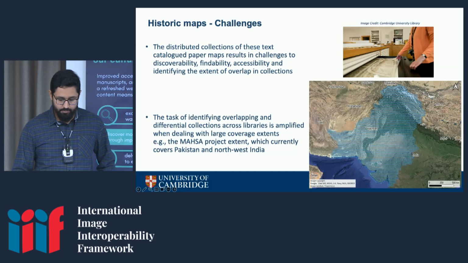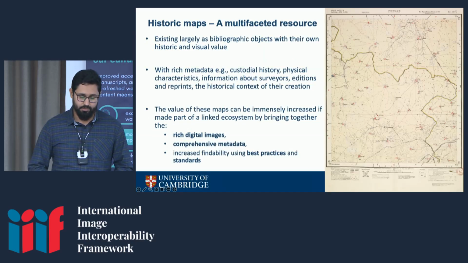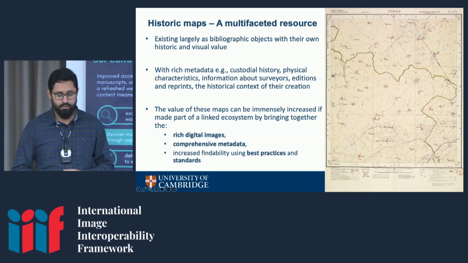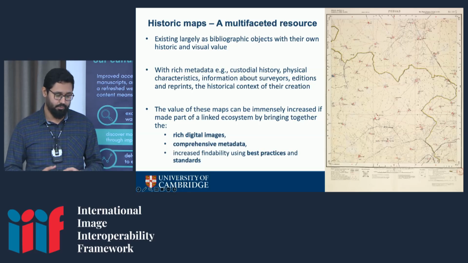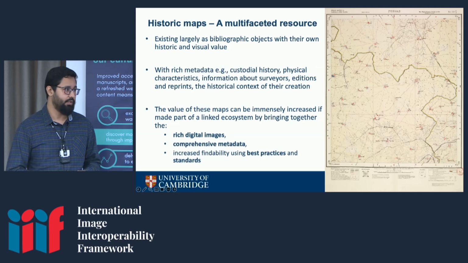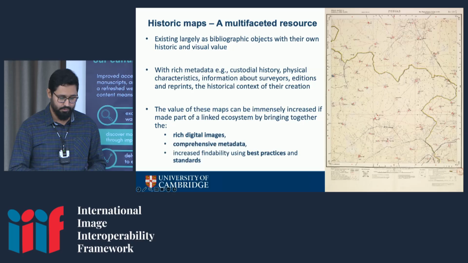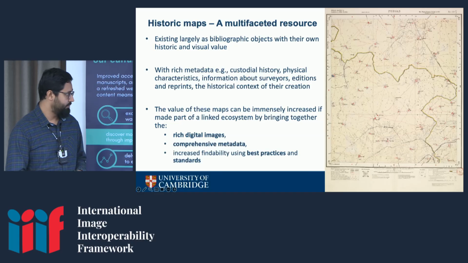Working with these maps, we also understood that these maps are really a multifaceted resource because they have their own historical and visual value, and they are record holders of rich metadata. For example, their custodial history, physical characteristics, information on any related persons, for example surveyors, traversers, or surveyor generals, their different editions, as well as their historical context of creation.